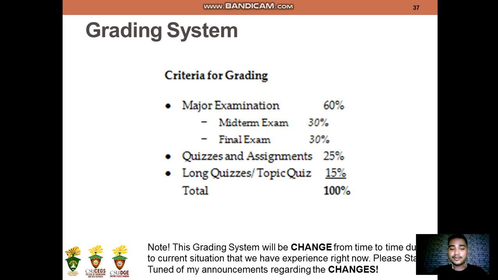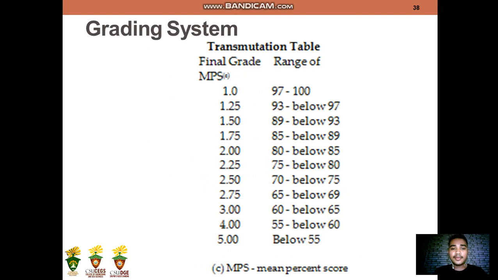Please take note that this grading system may change from time to time due to the current situation that we are experiencing right now. Please stay tuned to my announcements regarding changes to this grading system. And the transmutation table is the same as in previous semesters. Still, the passing is 60%.